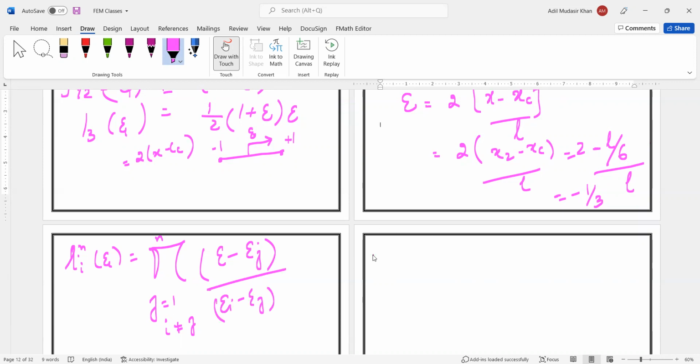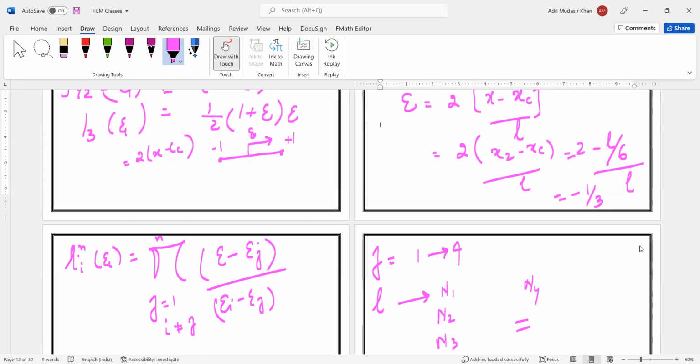So our j in this case will go from 1 to 4. Okay, therefore the total shape functions, if we start writing j going from 1 to 4, we can write these shape functions N1, N2, N3, and N4, the cubic shape functions. So this is how these shape functions are written.